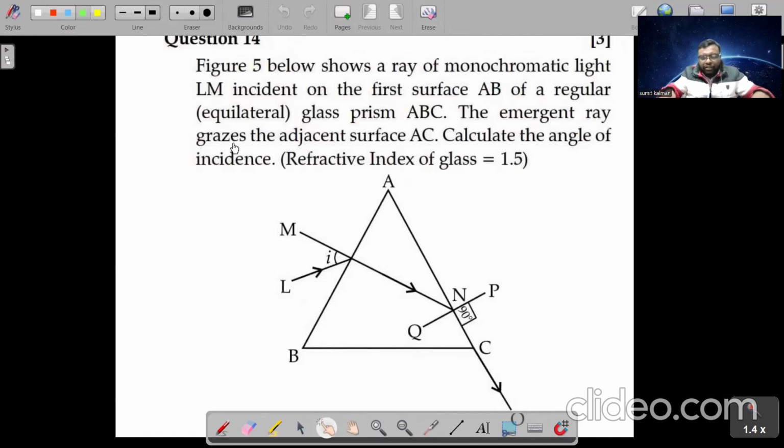So we have to calculate the angle of incidence here. Actually, there is a little bit of error in the figure of this question. Here M is not here, M is here. It is like this, LM.